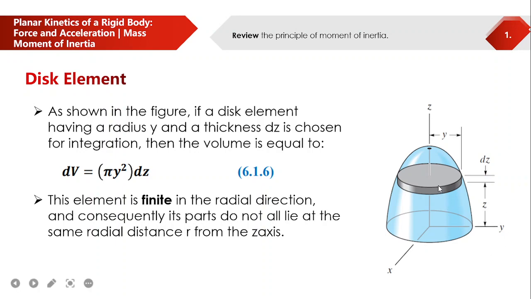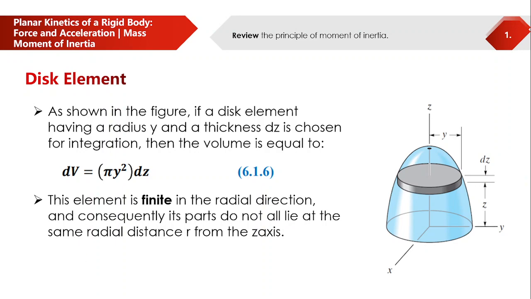It is not the same all along the z-axis, because the body is wider here, so the radius is larger in this part, and smaller until it becomes zero at the top. So to solve for that kind of body, we can use integration.